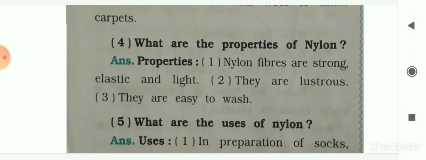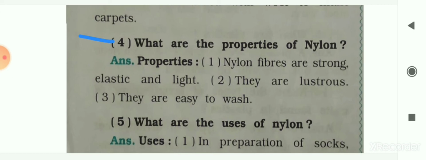Next is, what are the properties of nylon? The first one is, nylon fibers are strong, elastic, and light. These are strong and elastic, that means you can stretch them, you can pull them, however they will not break or tear, so it has the property of elasticity and it is light in weight.